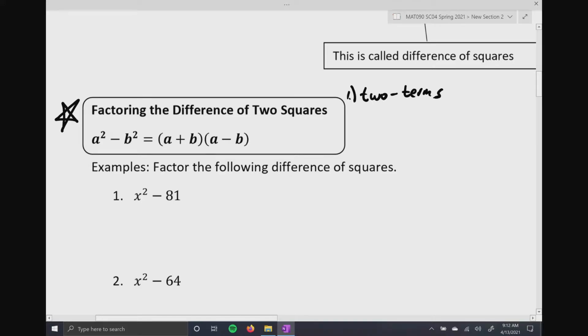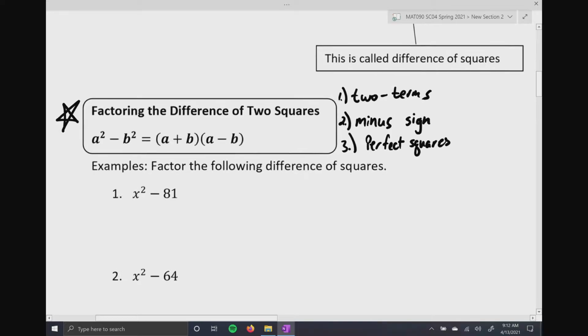That's the first thing. The second thing, you got a minus sign. And then the third thing, perfect squares.